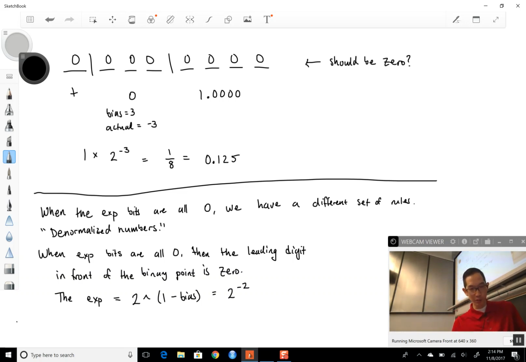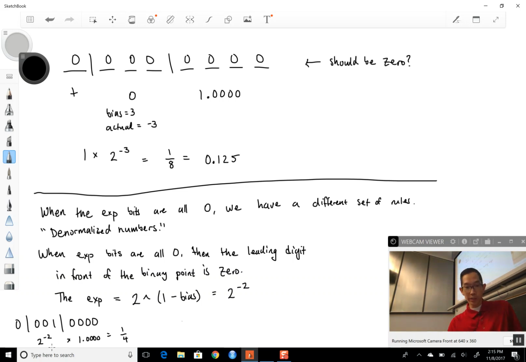Let me just kind of show you. So if I have 0, 0, 0, 1, and then 0, 0, 0, 0, here, this would correspond to 2 to the negative 2. This is following the regular old rules, and times basically 1.0000. Okay, so here I would get 1/4.